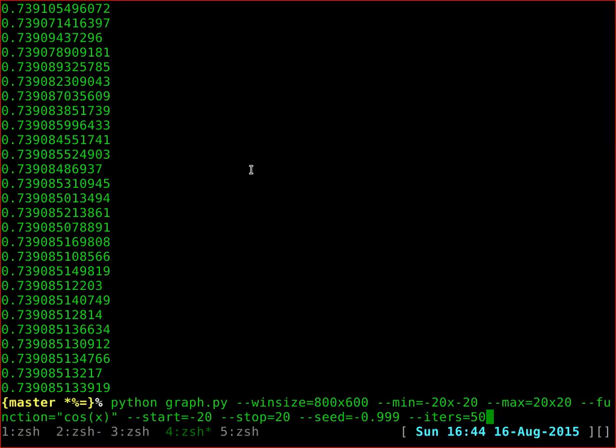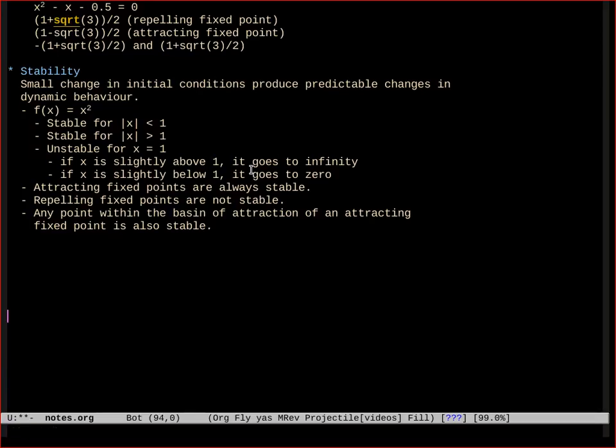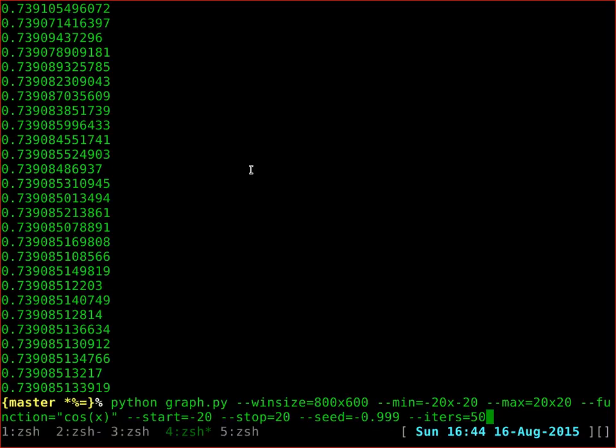Let's take the function f of x equal to x squared plus x plus 4. Right? So let's take this one, x squared plus x plus 4.